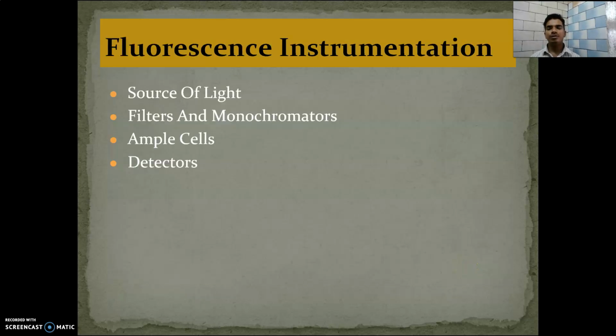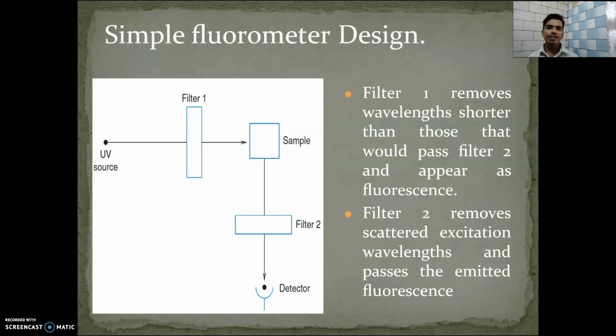So instrumentation includes the source of light, filters, monochromator, sample cell, and detector.